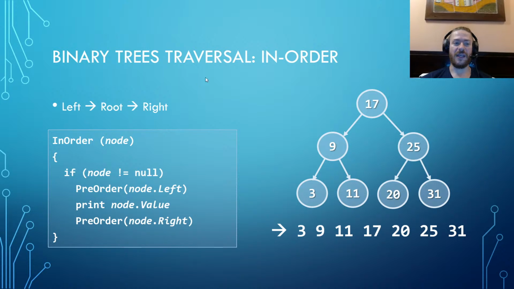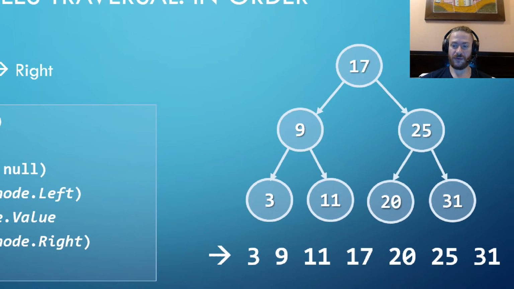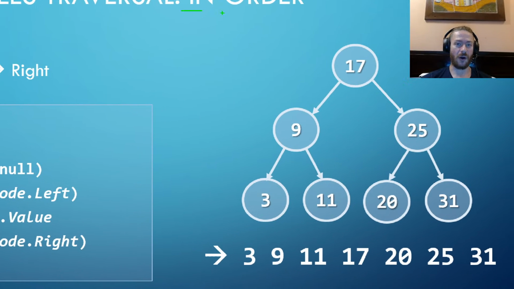Then we have in-order. First we go to the left, then we print the root, and then we go to the right. So if we decide to use this algorithm, the in-order algorithm, which is super important, you will see later during the presentation. We start with 17, we go to the left, but don't print 17. We go to the left again and print 3, because there are no more left options.